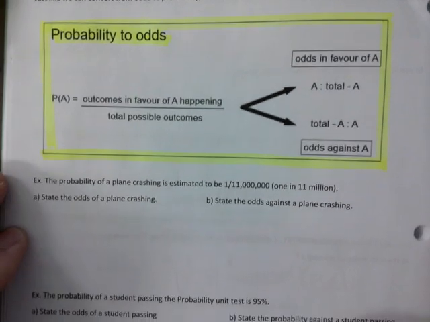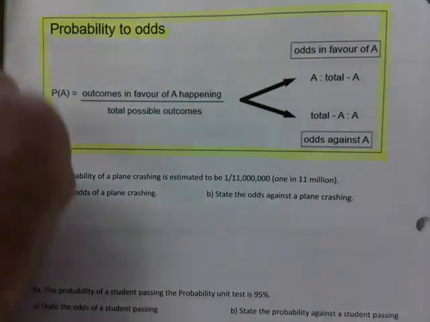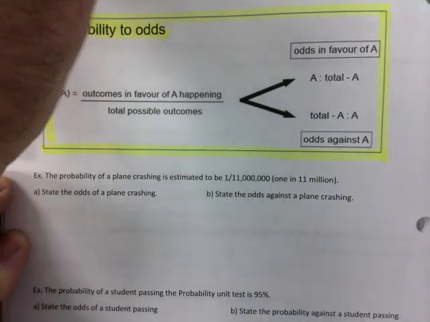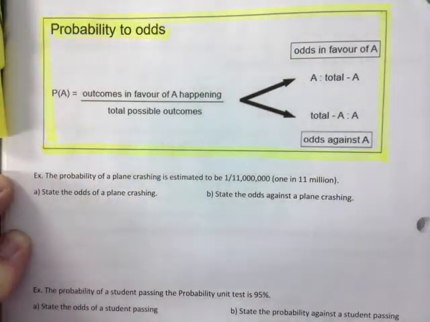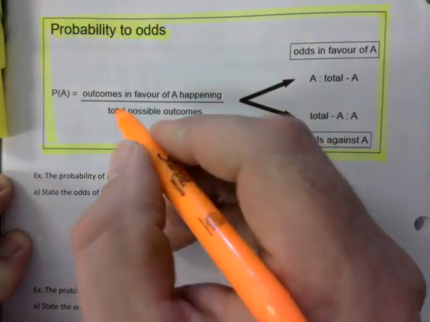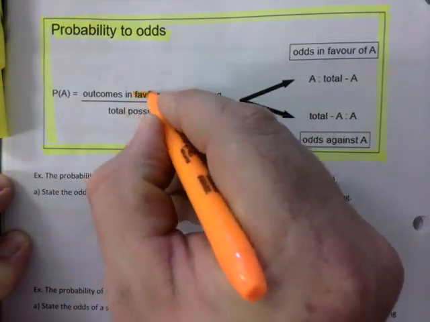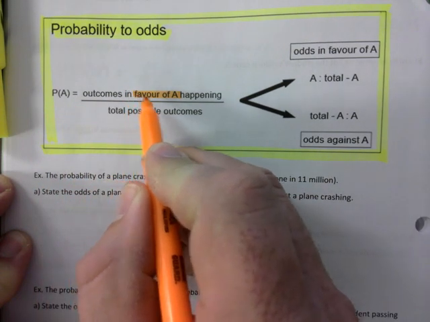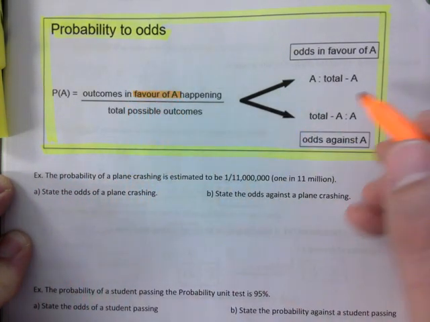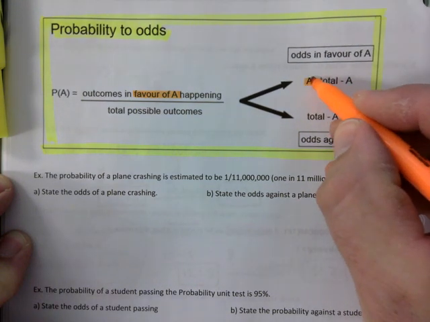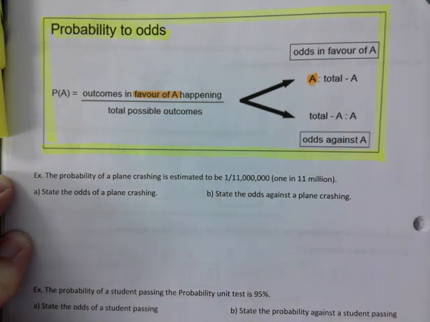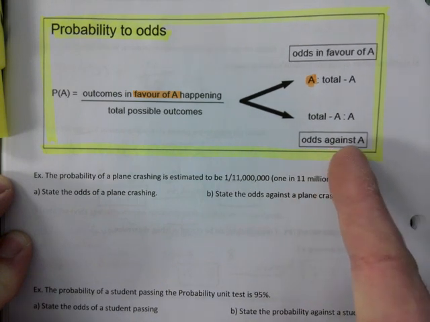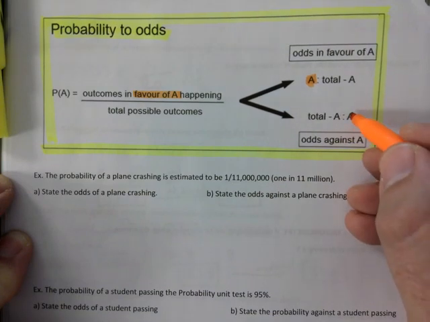I'm just going to jump right into examples here, but what I will emphasize on 21 is that in favor of A, if you have a probability of A happening, then A would come on the left side. And if it says odds against A, then A is on the right side.